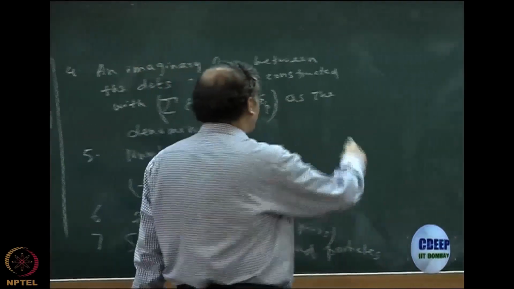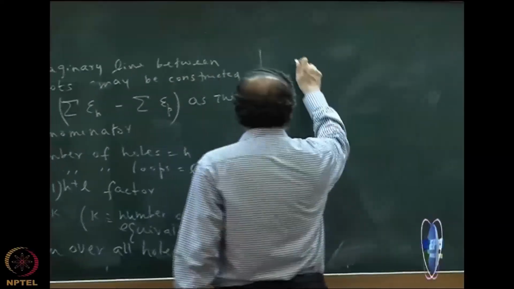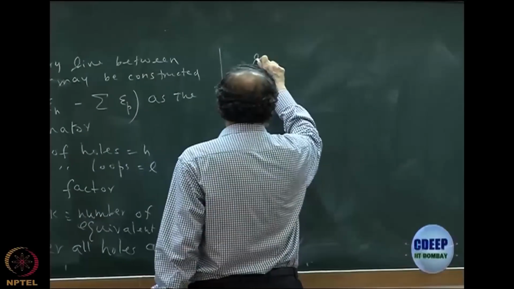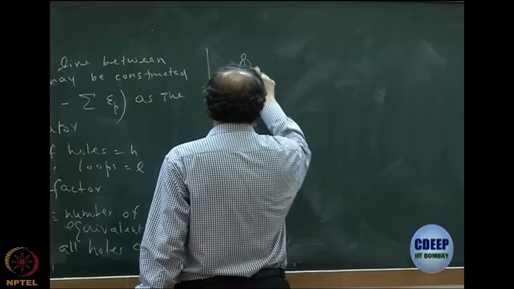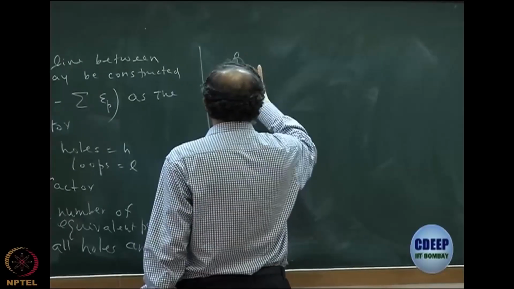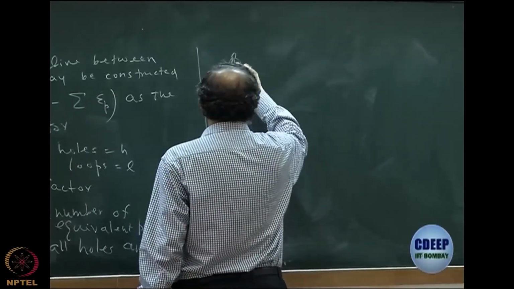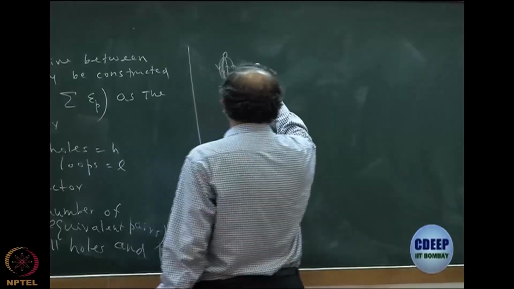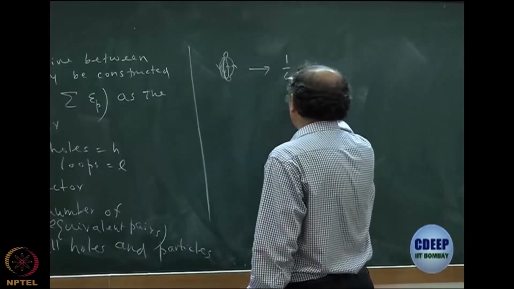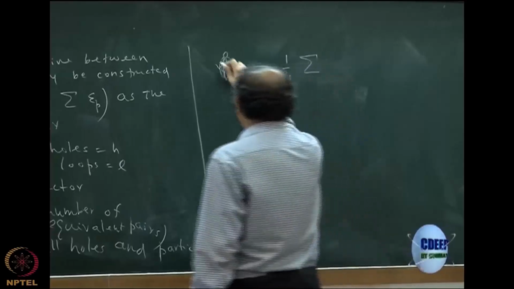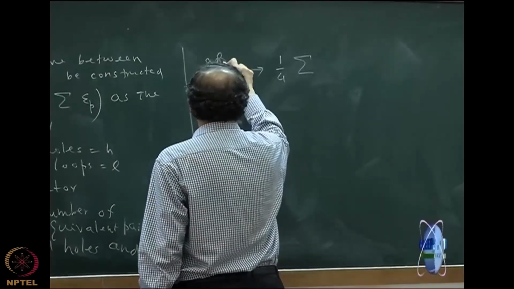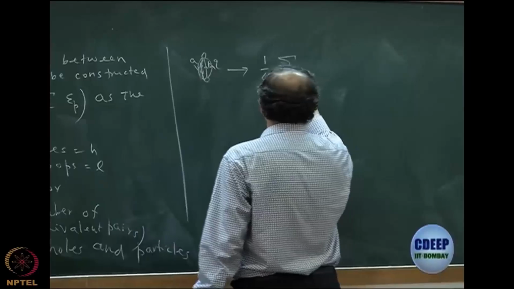Okay, so we did some practice problems. One was the MP2 itself. So, we said this is MP2 in the Hugenholtz diagram, which is 1 by 4, this is A, this is B, P and Q, 1 by 4 PQ AB.